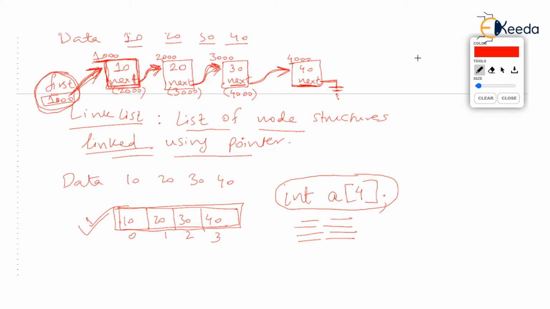You watch, after 10, 20, 30, 40, you can't store any other value because all 4 locations of the array are full. That is, the size of the array was 4 and you have filled 4 locations. So you cannot store additional values. If you try to store it, you may get a memory error. That means arrays always have a fixed size.